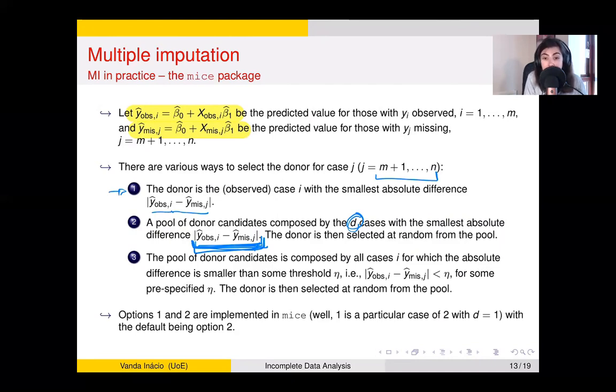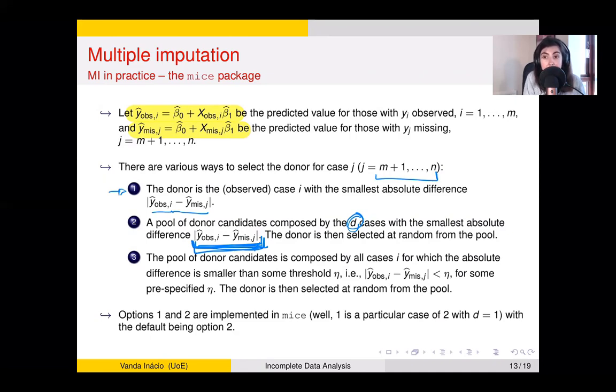The default in mice is option 2. I'm not sure whether option 3 is implemented. And of course, as I've just said, option 1 is implemented because it's a particular case of 2 when d is equal to 1. But option 2, so forming the absolute differences, selecting the d with the smallest absolute difference and then picking one of them in a random fashion, is what mice does by default, and we can control d.